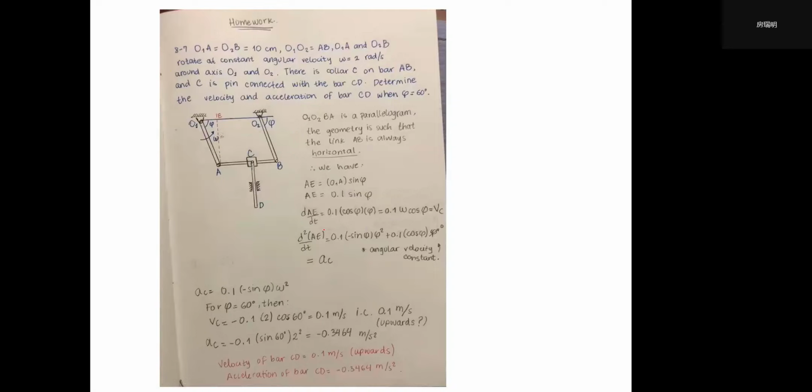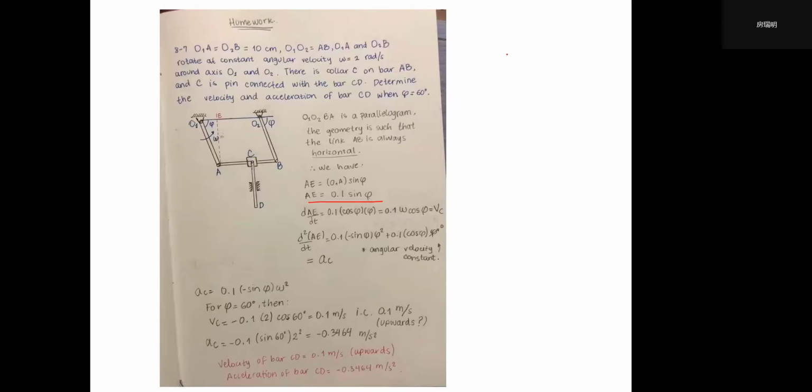Since O1A and O2B rotate at a constant 2 radians per second around O1 and O2, right?